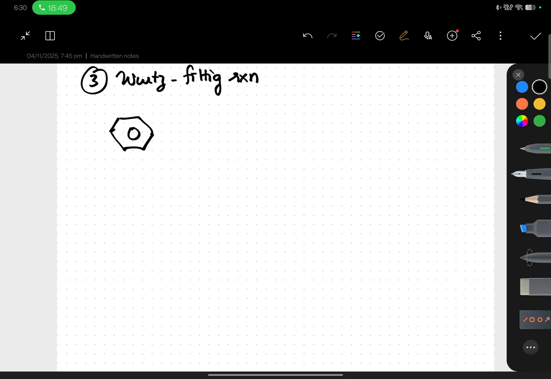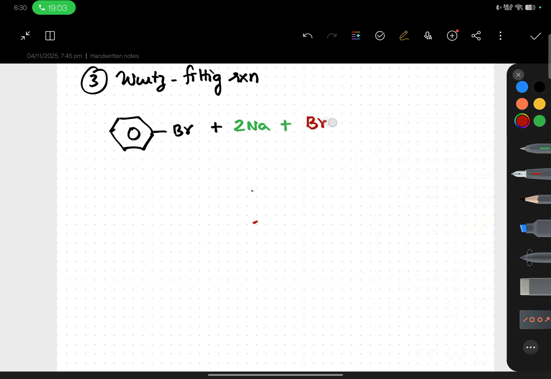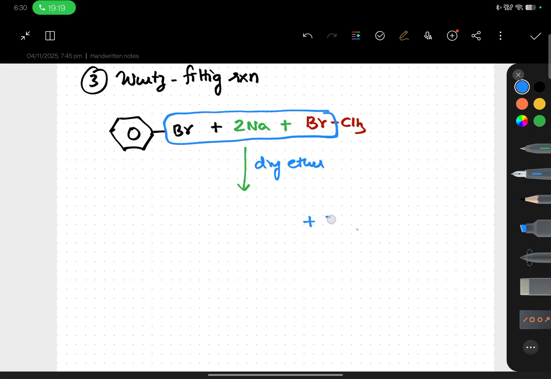Let me take a simple bromobenzene treated with 2 molecules of sodium, and you add another molecule called bromomethane. Remember, this reaction is to be carried out in dry ethereal condition. So what will happen? 2 moles of NaBr you will get.